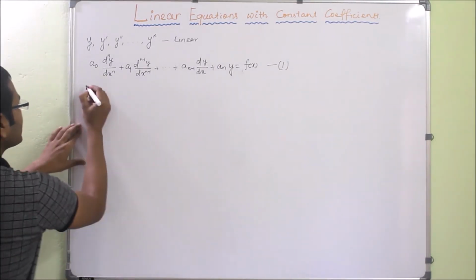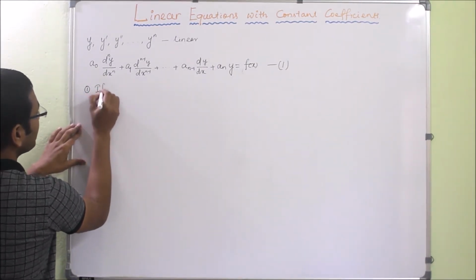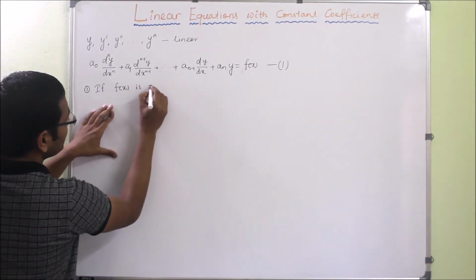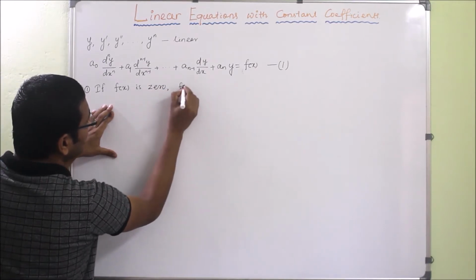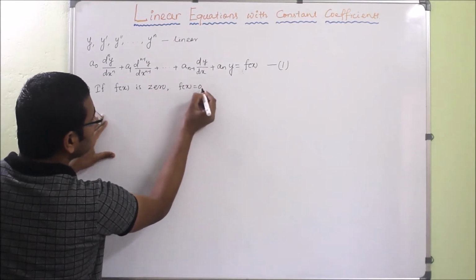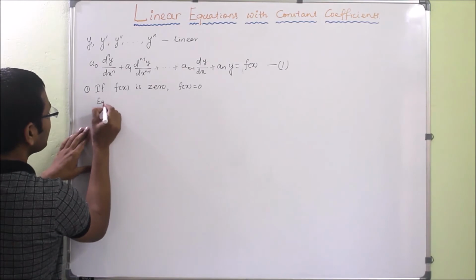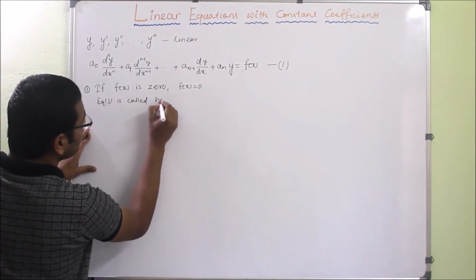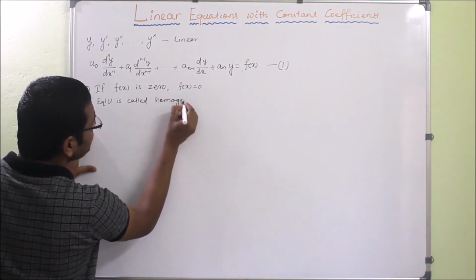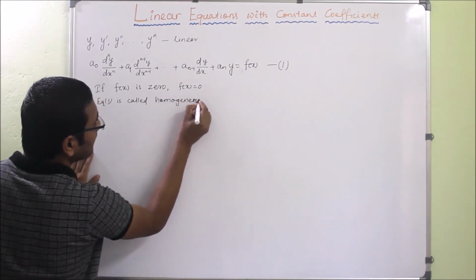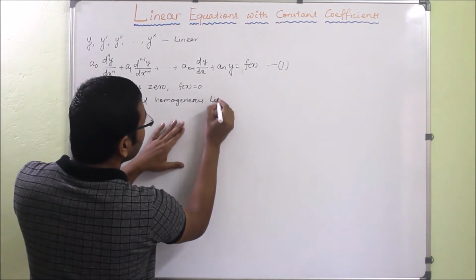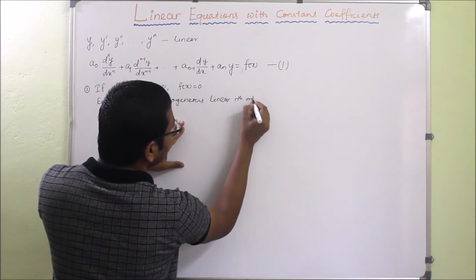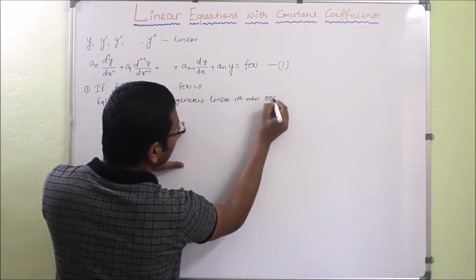So the first case is if the function f of x is 0, then this equation 1 is called a homogeneous linear nth order ordinary differential equation.